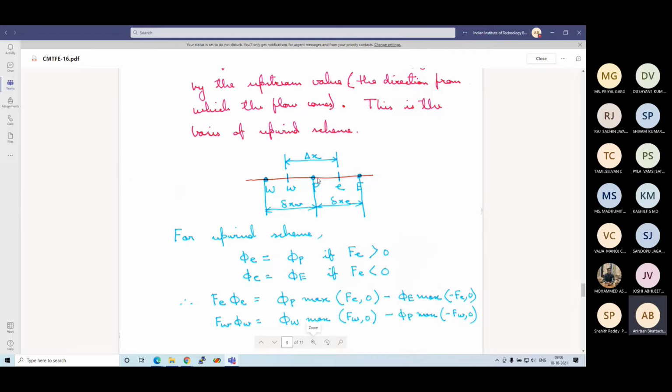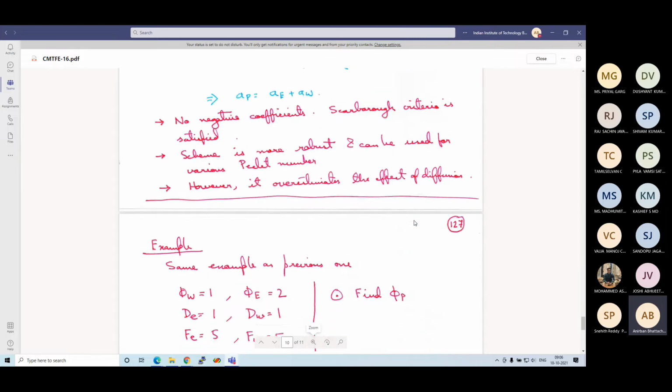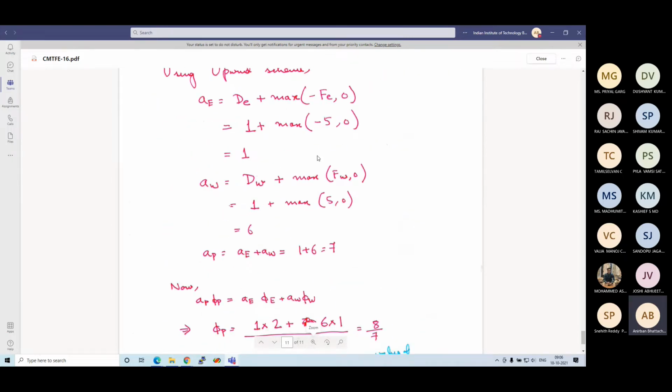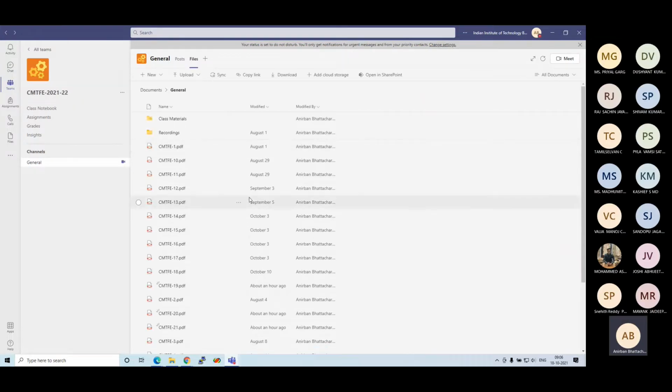If flow is coming from left to right, the interface value will be equal to the value of P. If the flow is coming from right to left, the interface value will be equal to the value of E. This is for the convection term. The diffusion term was still like what we studied previously, the normal mean. And we found that this is very suitable for high speed flow conditions.